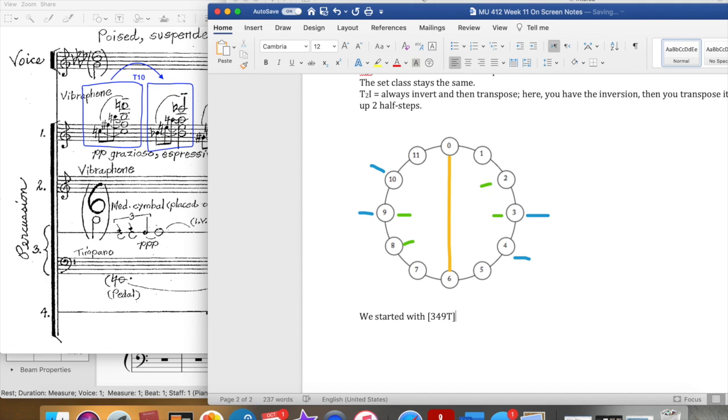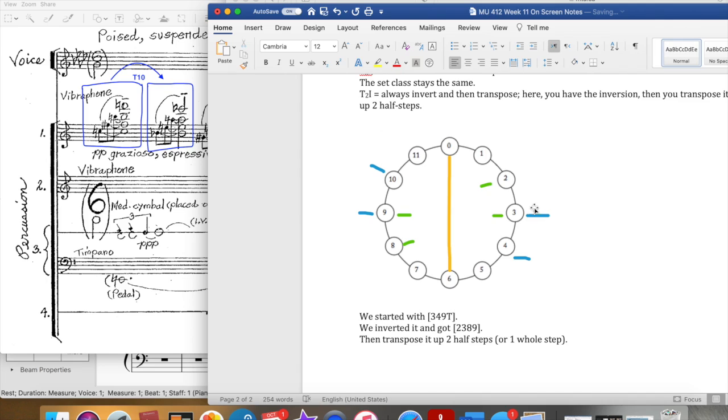So 3, 4, 9, 10. We inverted it and got 2, 3, 8, 9, right? Which is this set of green lines up here. Then transpose it up 2 half steps, or 1 whole step, right?